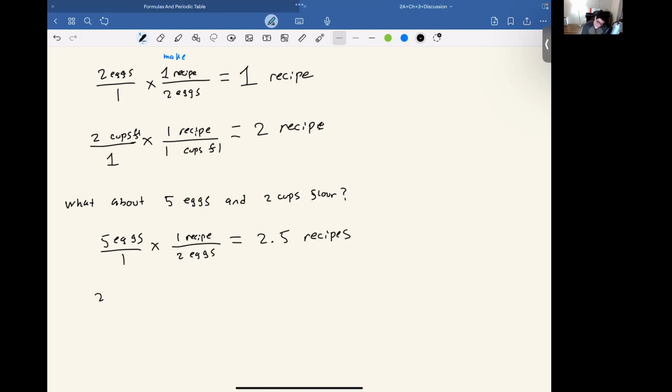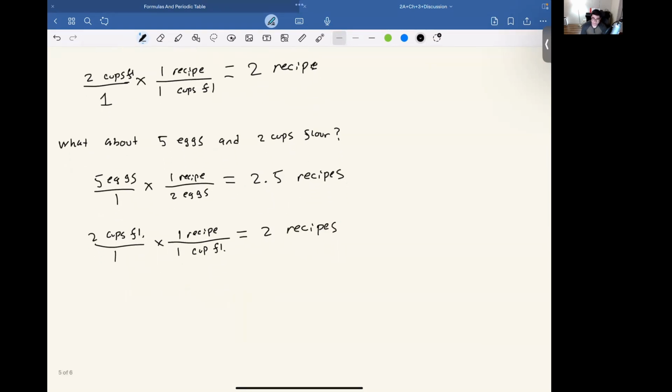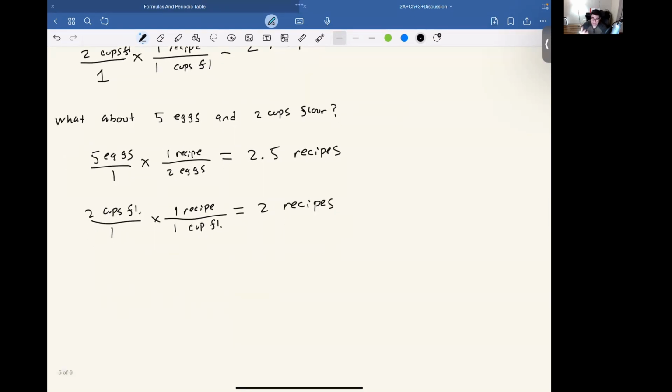For the cups of flour, it's 1 cup of flour for every one recipe. You get to make the recipe 2 times. Now, the flour is the limiting thing because you can only make the recipe twice with how much flour you have versus the eggs. So you have to keep in mind how much you're using, right?